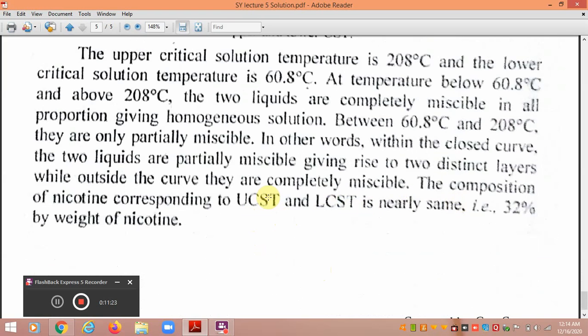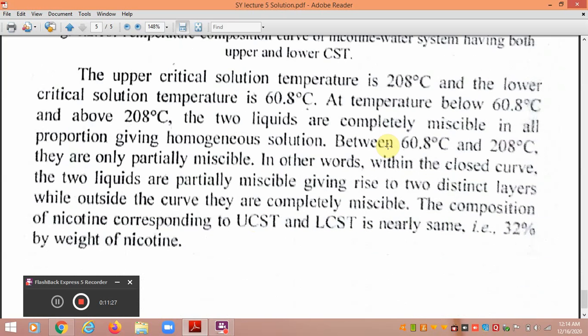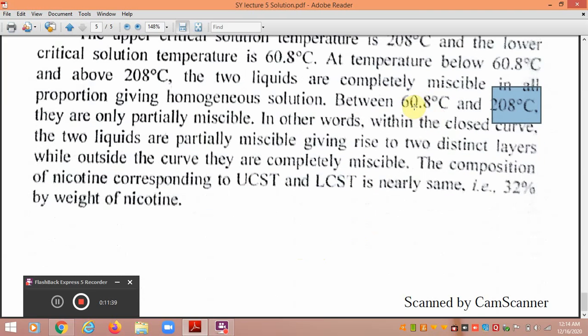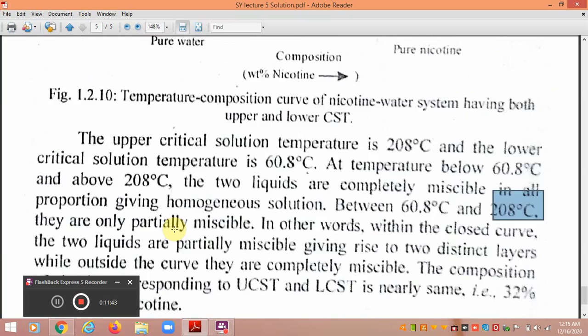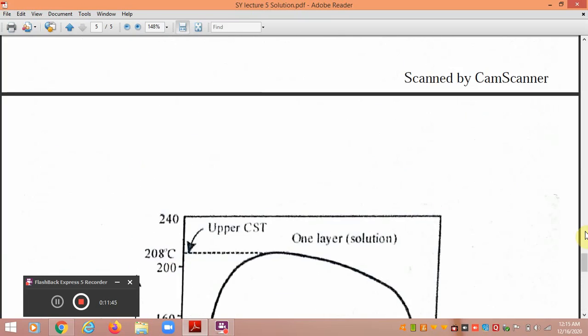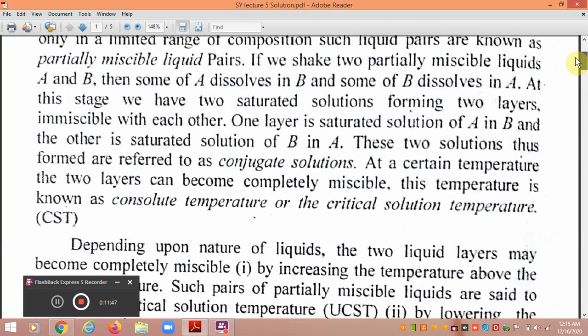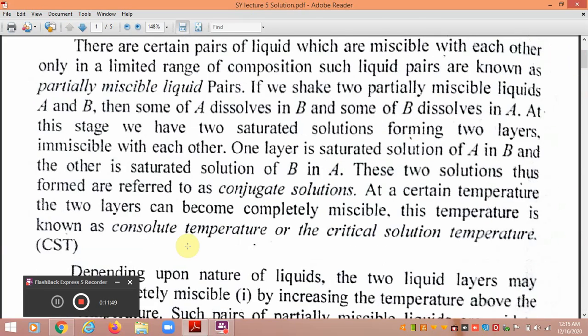In this case the lower critical solution temperature is 60.8 degrees Celsius and the upper critical solution temperature is 208, and in between these temperatures the system is heterogeneous, and below and above these temperatures the system is homogeneous.